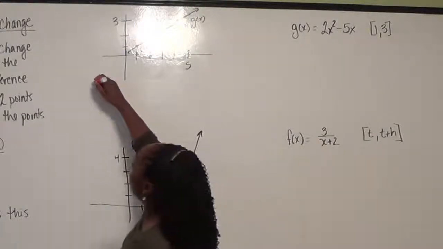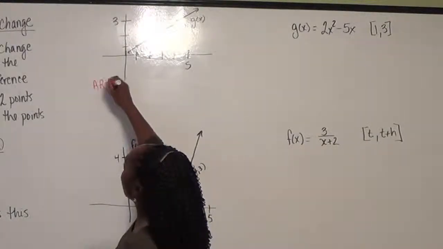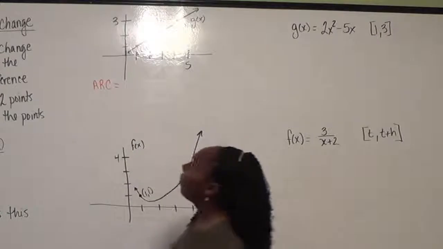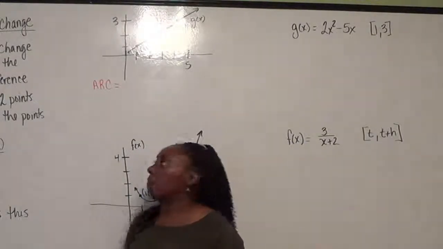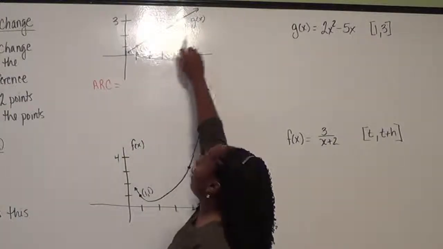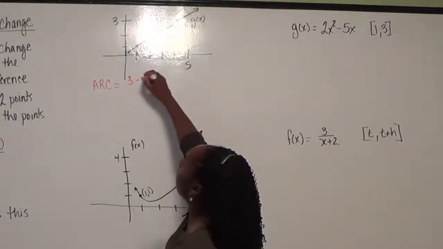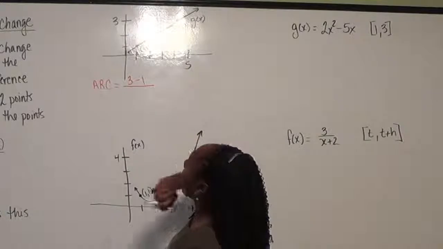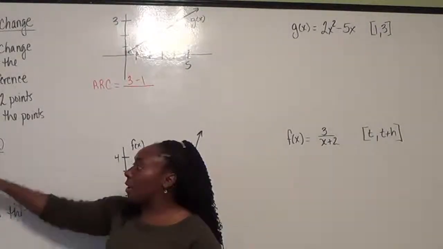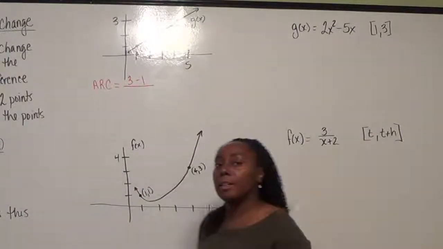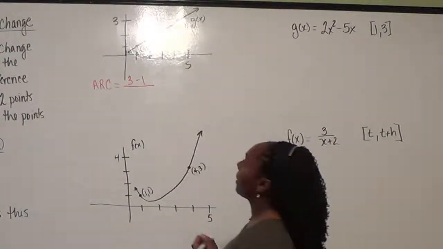So for our g of x, our average rate of change says that for our 2 points, we're going to take the difference in the function values, meaning the y values here, so 3 minus 1, over the difference in the x values. And again, notice we've got to correspond the x's with the x's and the x naughts with the x naughts.